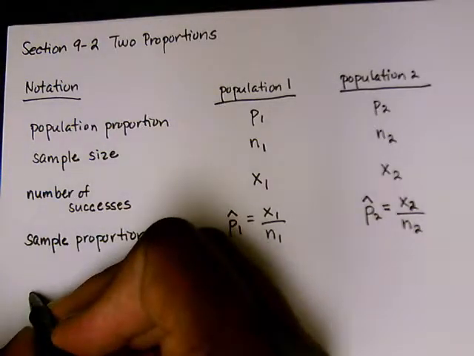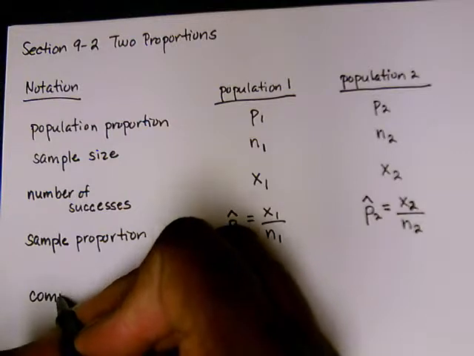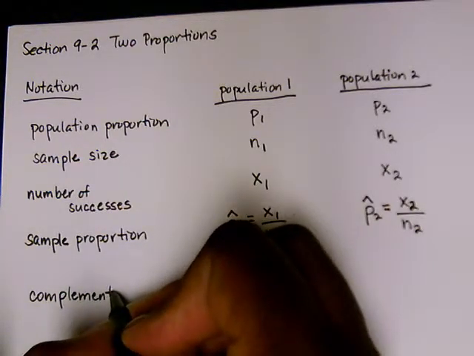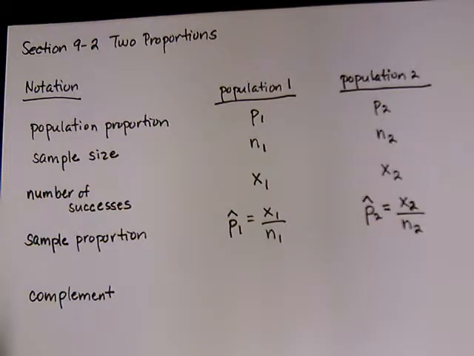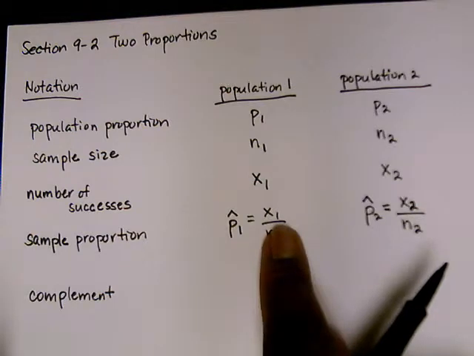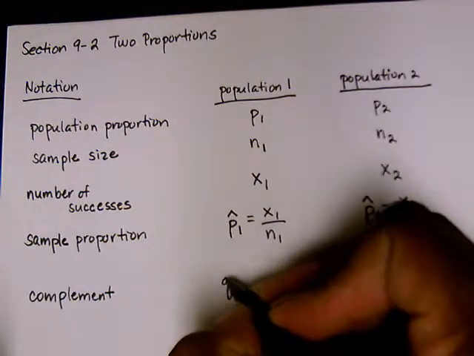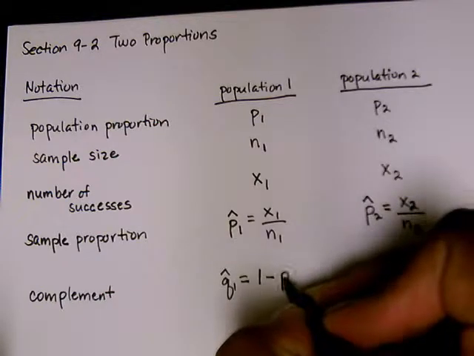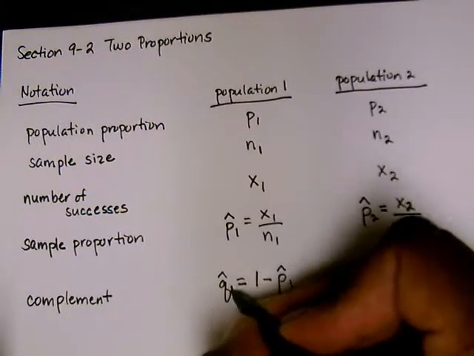And then finally we have the complement. Because once you know what P is, you can always find out what Q is, which is always going to be 1 minus P. So for the first population, q hat sub 1 would be 1 minus p hat sub 1.